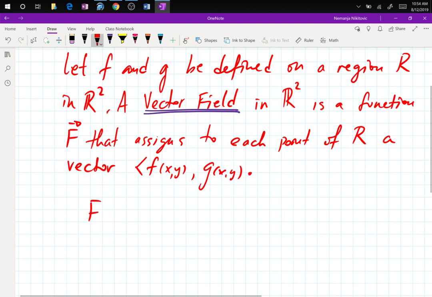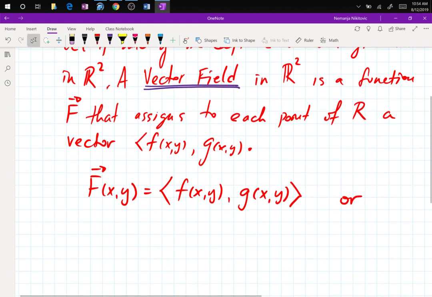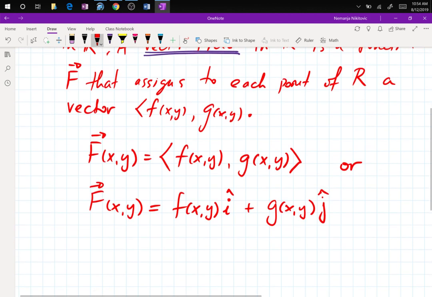Notation is the vector field F of xy is given as the vector of f of xy, g of xy, or you can use ij notation, so F of xy is equal to f of xy i with a hat plus g of xy j with a hat. So these are the ones.